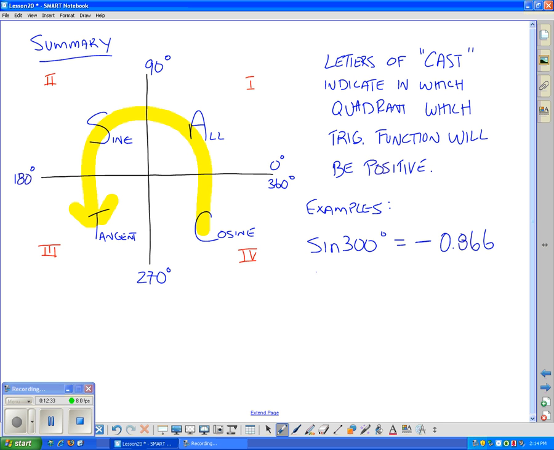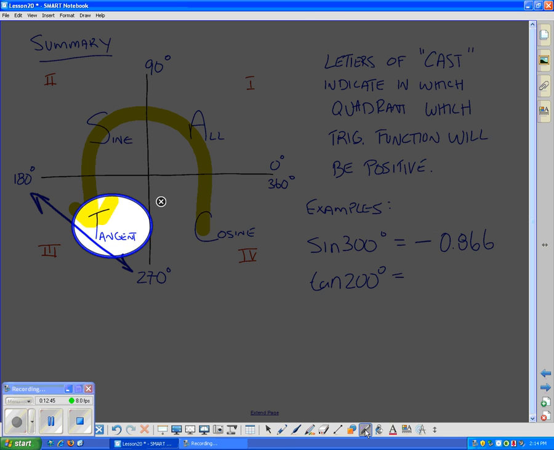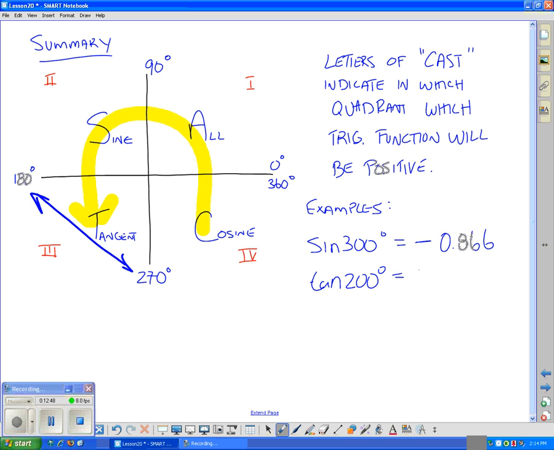If I had tan of 200 degrees, 200 is between 180 and 270, so it's going to be here. Tangent is positive in quadrant 3, so I know that whatever I punch into the calculator will result in a positive value. So when I do tan of 200, I get positive 0.36.